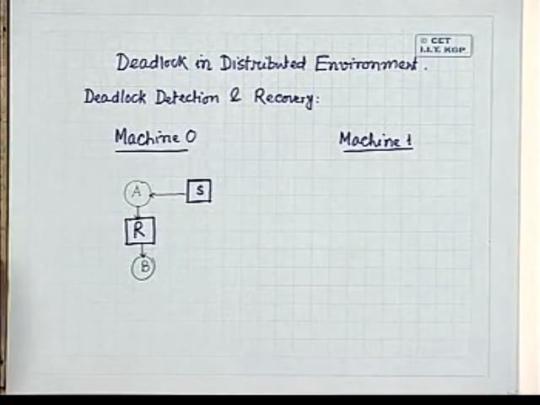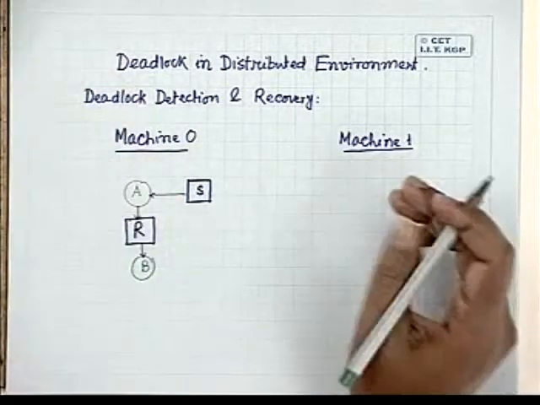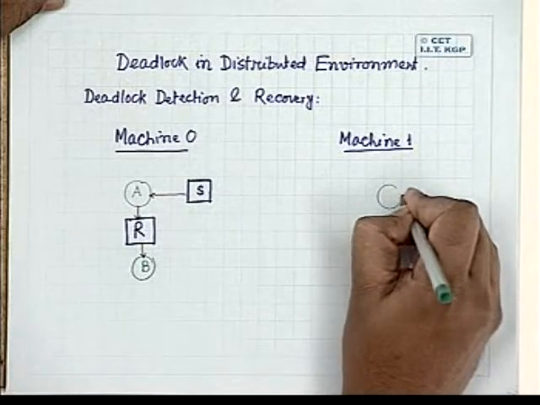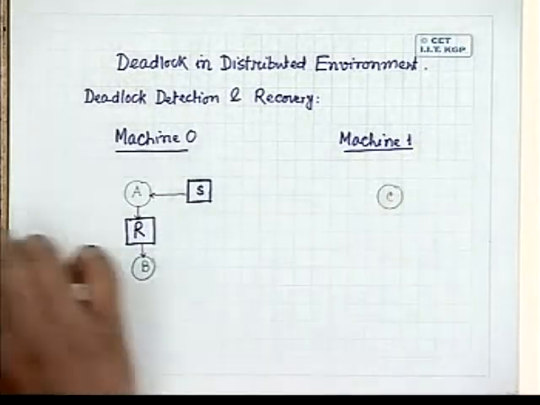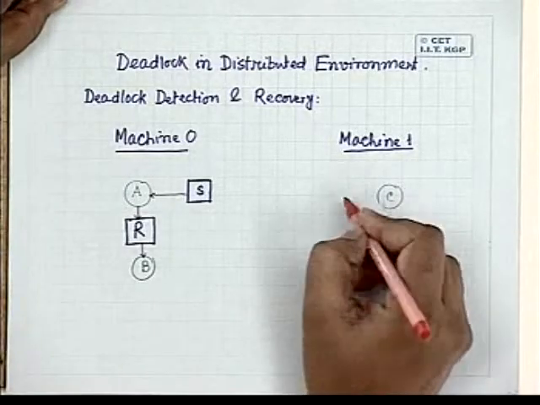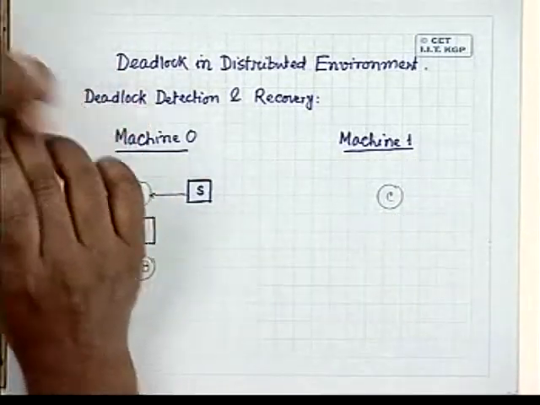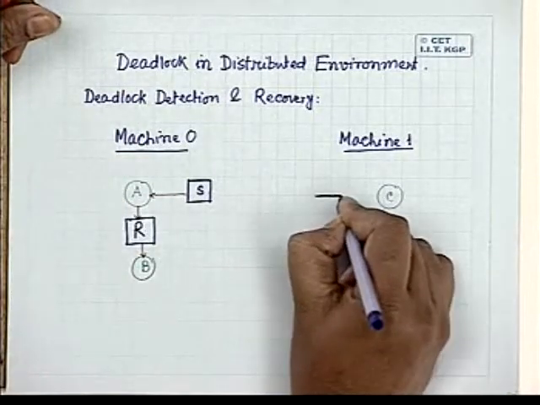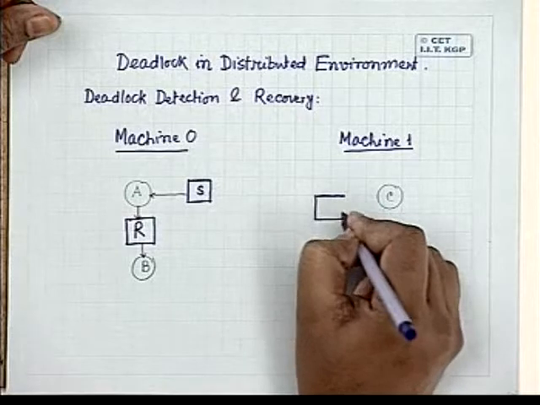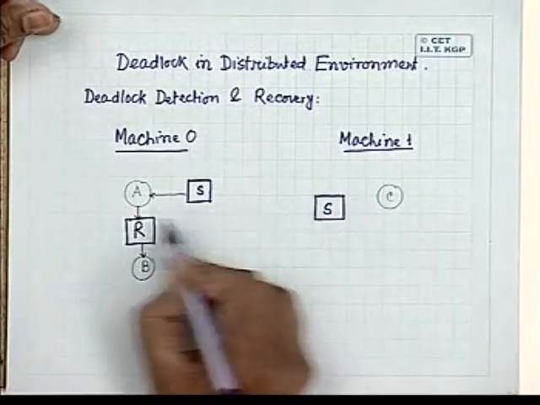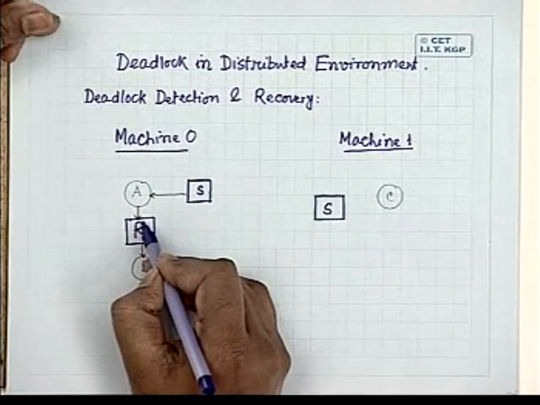Similarly, in machine 1, the situation may be something like this. Suppose in machine 1 there is a single process C, and this process C has put a request for the resource S. And you find that the resource S is not in machine 1, but the resource S is available in machine 0.